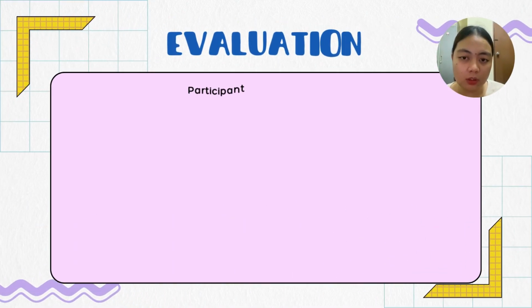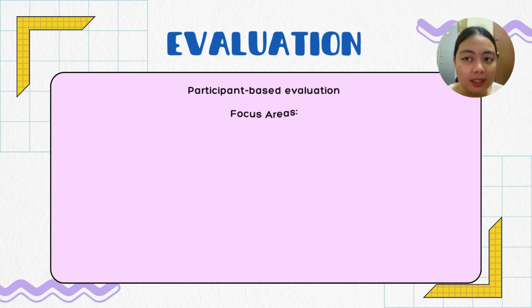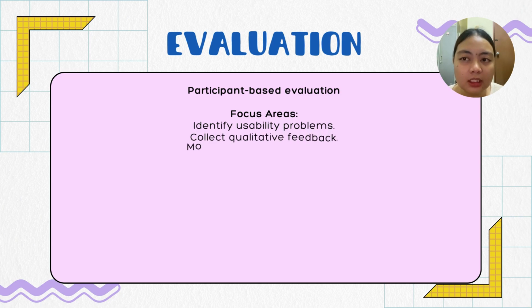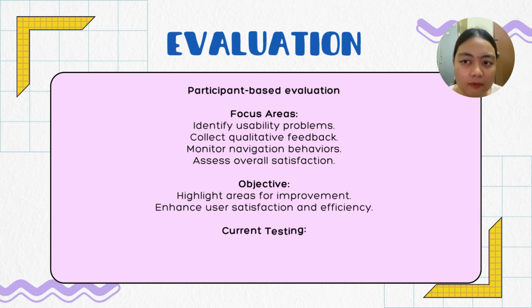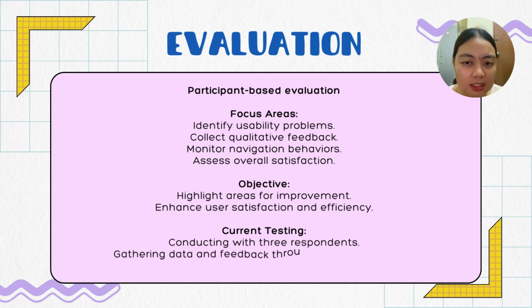For the evaluation of this project, we use a participant-based evaluation. The focus areas are, first, identify usability problems, second, collect qualitative feedback, third, monitor navigation behavior, and the last one is assess overall satisfaction.